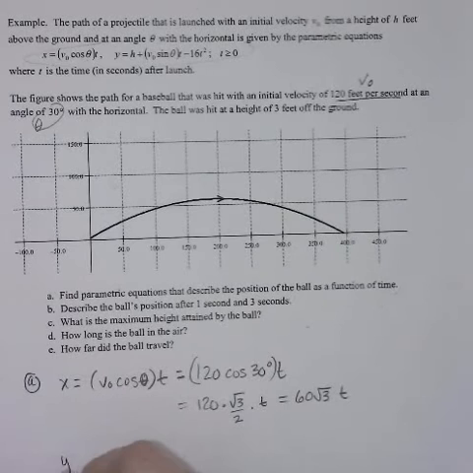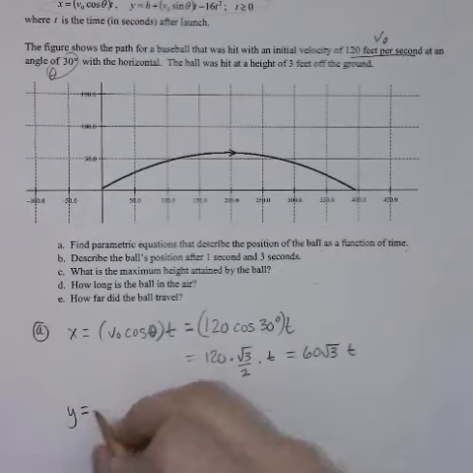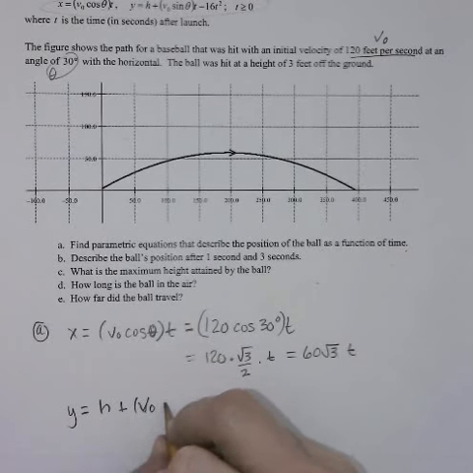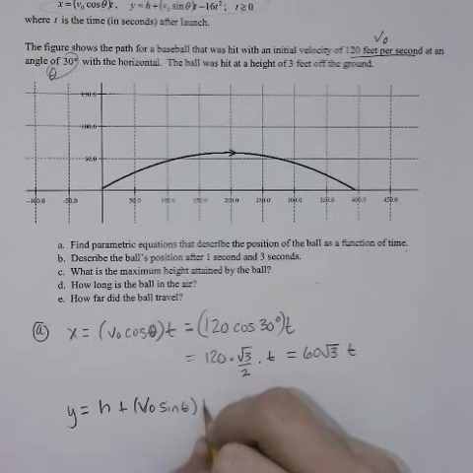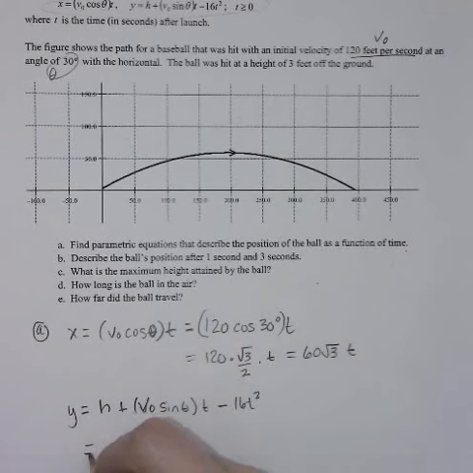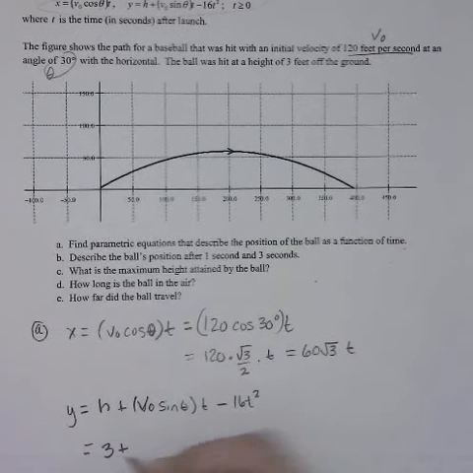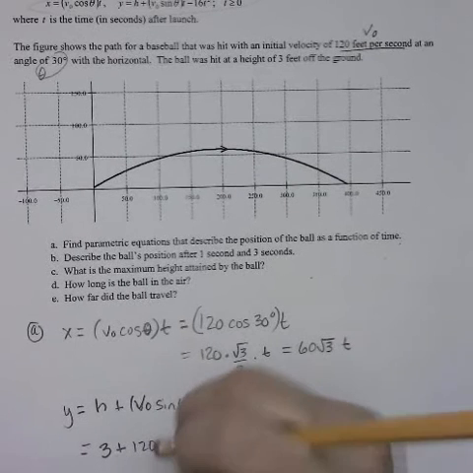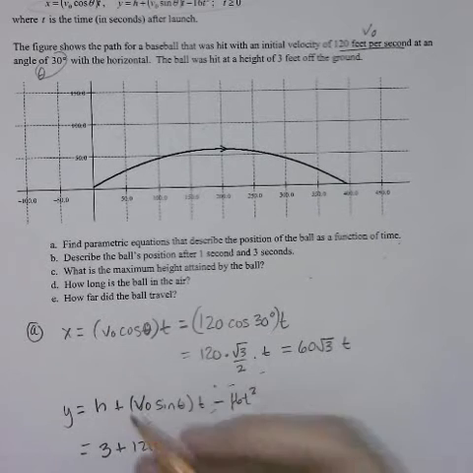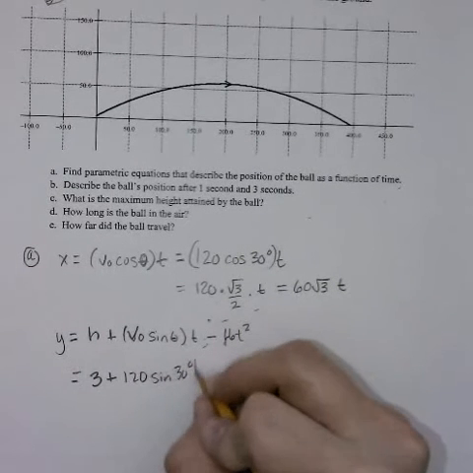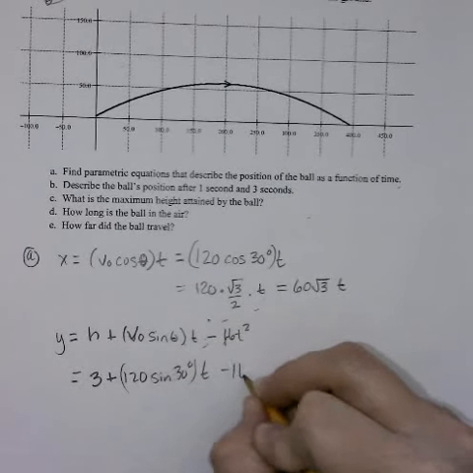And y is h plus v naught sine theta times t minus 16t squared. H is 3 plus 120 sine 30 degrees times t minus 16t squared.